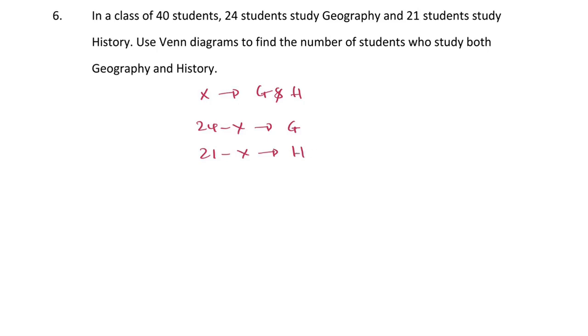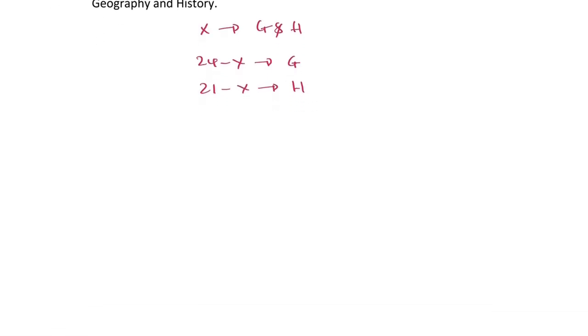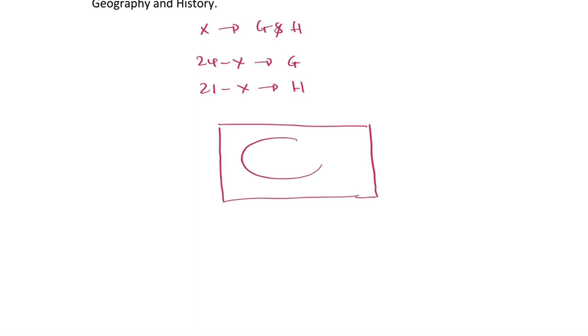So next, let us sketch our Venn diagram. So we are going to draw a rectangle, and then we have 2 circles inside. This one is for geography and this one is for history.